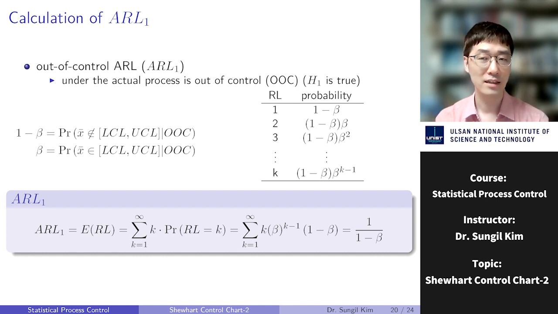With some computation of the sequence, we can obtain that ARL1 equals 1 over 1 minus beta. As you see, the Shewhart control chart provides ARL0 and ARL1 that can be computed analytically by using alpha and beta respectively.